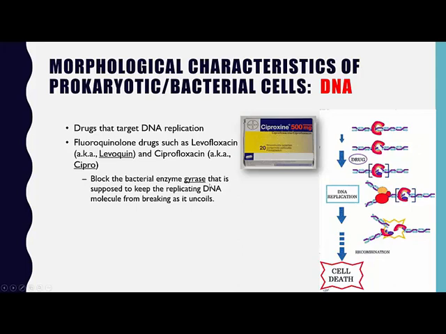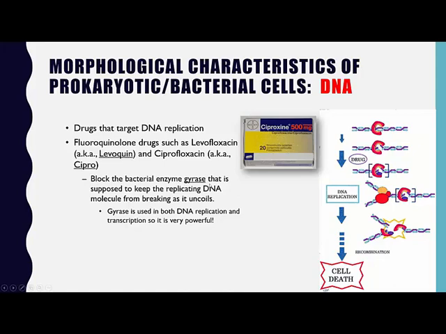Now, what happens if a drug attacks this particular gyrase? Well, then the replicating DNA molecule breaks. And that's pretty much cell death, okay? So again, gyrase is used in DNA replication, but also in transcription.